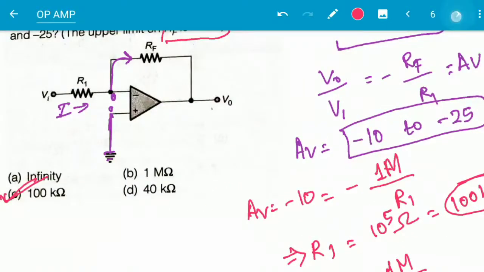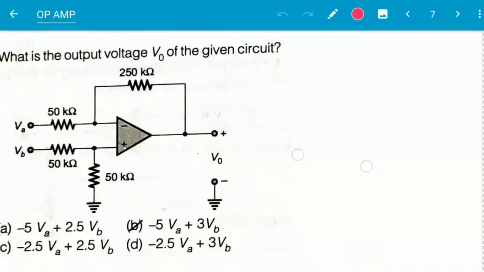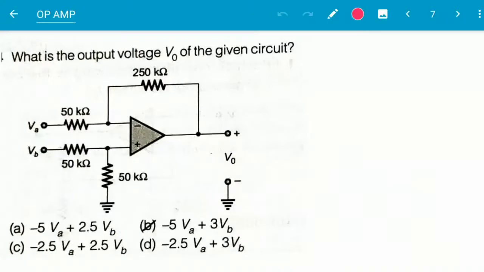Next question. What is the output voltage V0 of the given circuit? Suppose this one is V1 and this one is V2, and as I have told, V1 will be equal to V2. What will be V2?